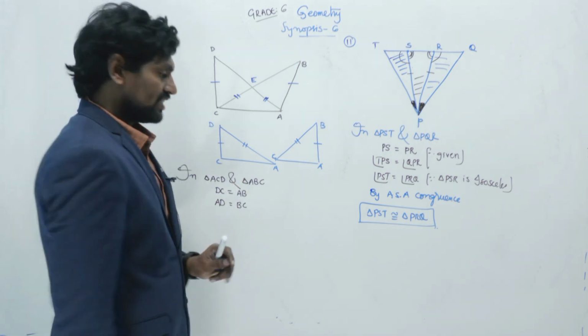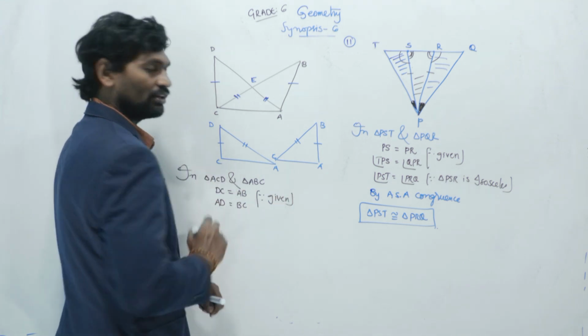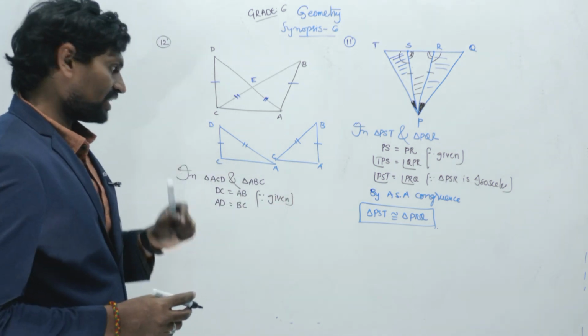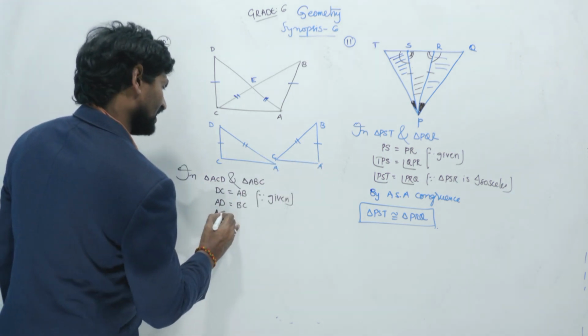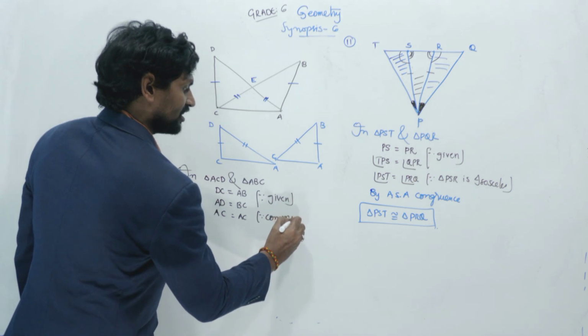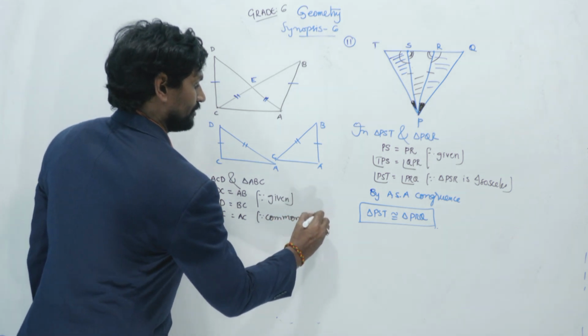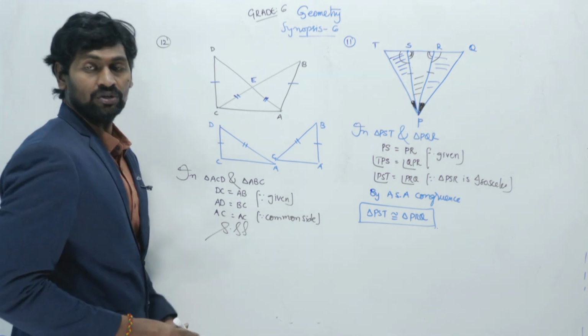So two measurements are clearly given in the question. What is the third measurement? The third measurement is AC and AC, the common side. All of them are sides only, so which property? The SSS congruence rule.